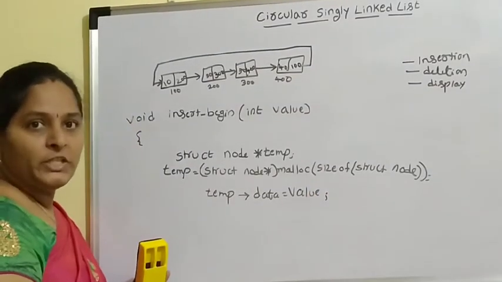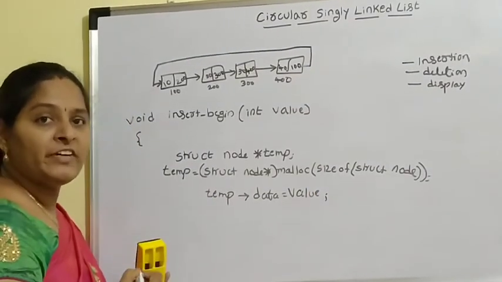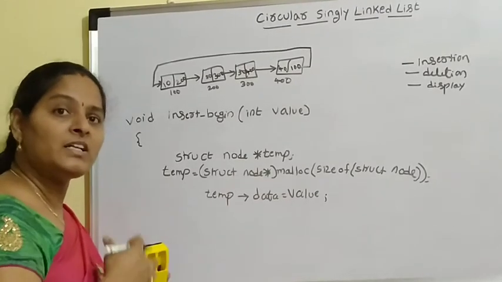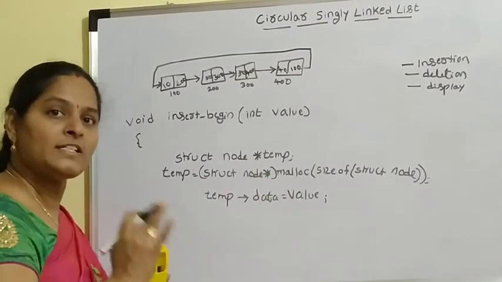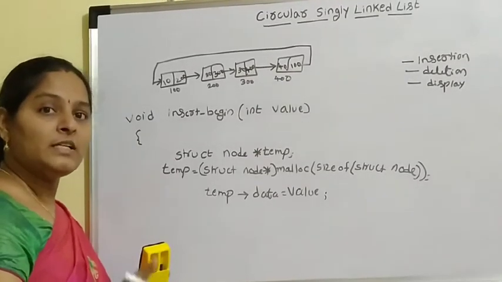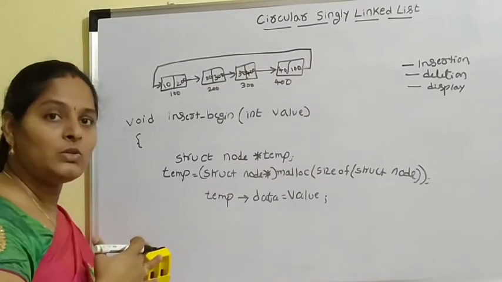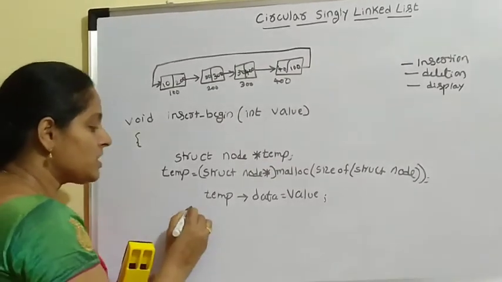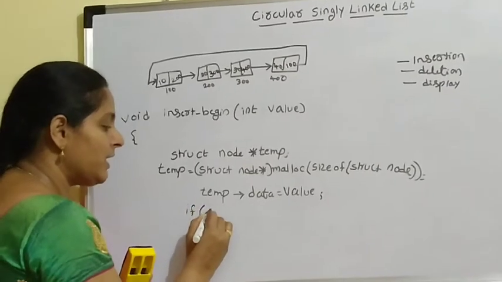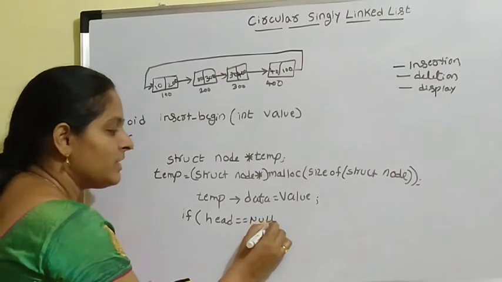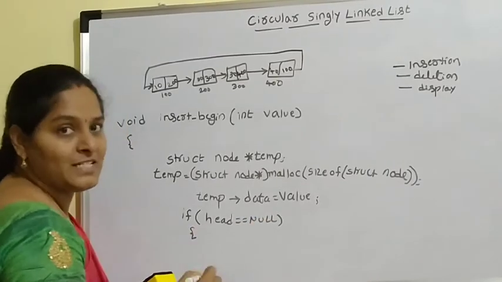Before inserting the node into the list, first we need to verify whether the list is empty or not. If the list is empty, our inserting node becomes the first node as well as the last node, right? Suppose the list contains some elements, then we need to insert our node in the beginning position of the existing list. First check whether the list is empty. If head equal to null, that indicates that the list is empty.